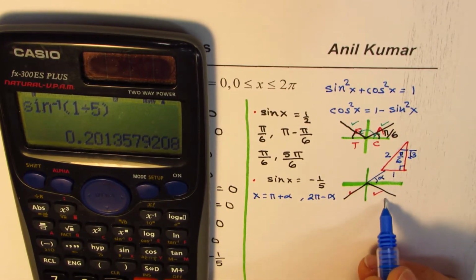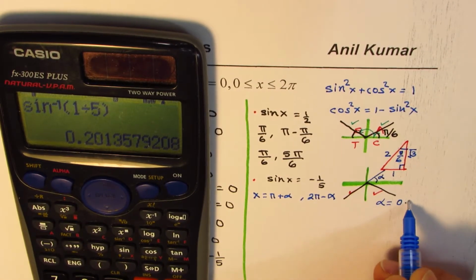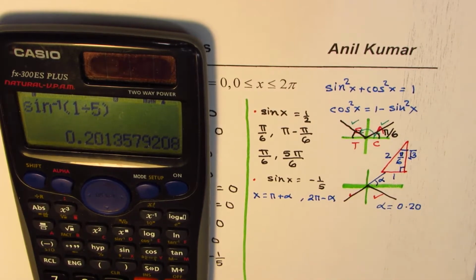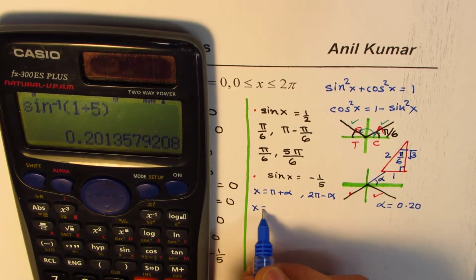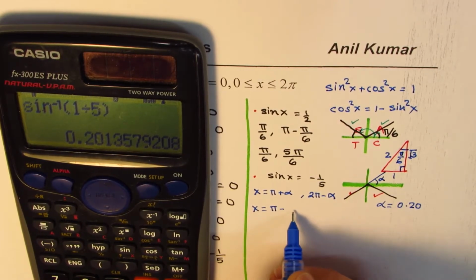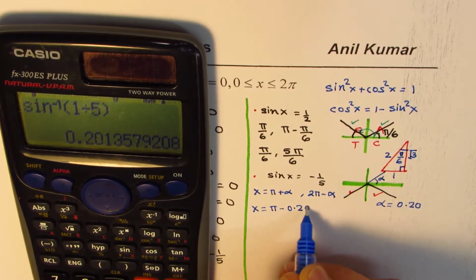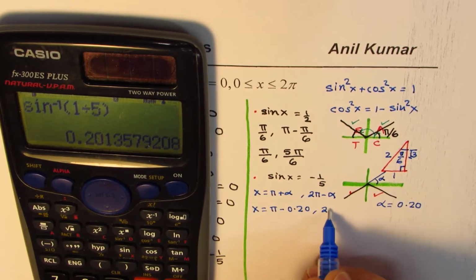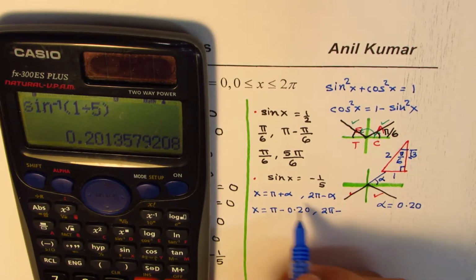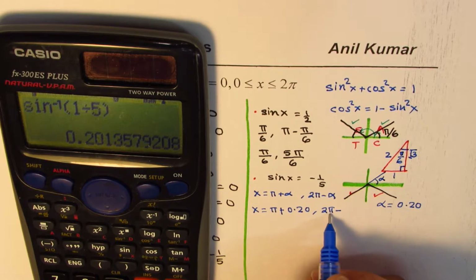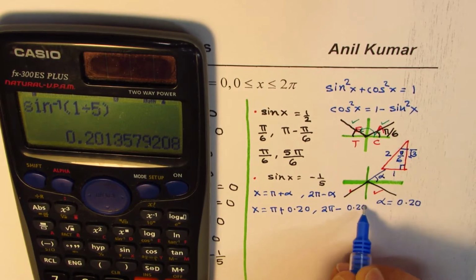So we found alpha equals 0.20. Let's take two decimal places. In that case, x will be equal to pi plus 0.20, and the other one is 2 pi minus 0.20.